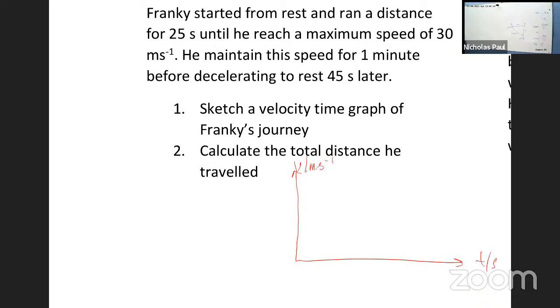Right, so it started from rest, so we know it started from here. What is the speed it went up to? Annalie, what speed did it go up to? 30. So it went all the way up to 30.